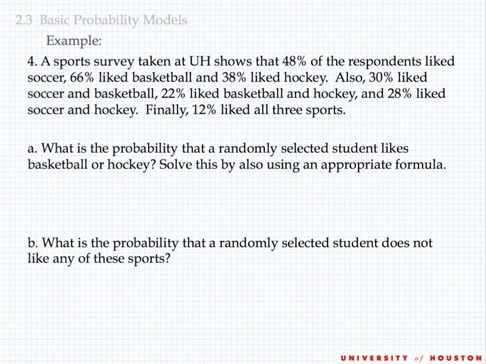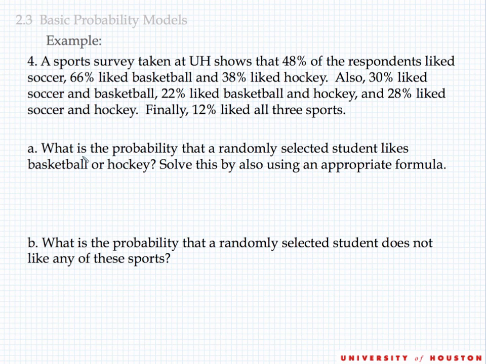Example 4. A sports survey is taken at U of H, University of Houston, and shows that 48% of the respondents like soccer, 66% like basketball, 38% like hockey. And then we're given more information about who likes more than one sport. So we want to find probabilities based on all of this information. First, we want to do it by using the formula.